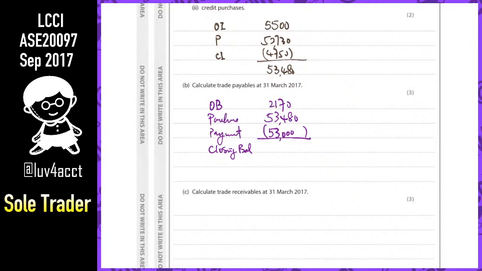I have put the wrong figure; I put the cost of sales as the purchases. The purchases are 52730. So 2170 plus 52730 minus 53,000 would be 1,900.